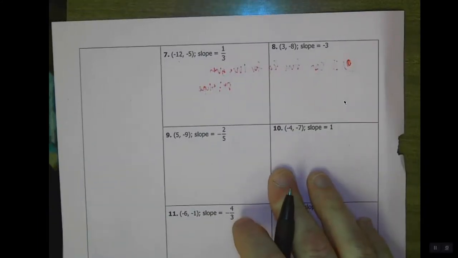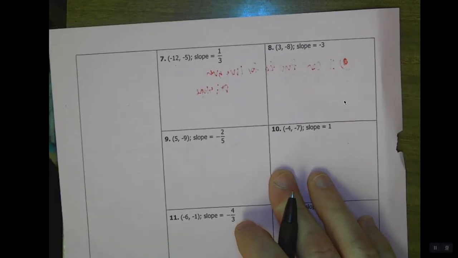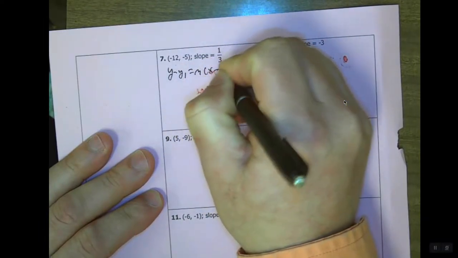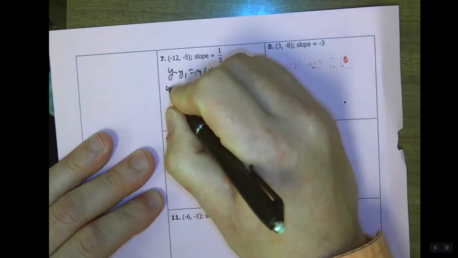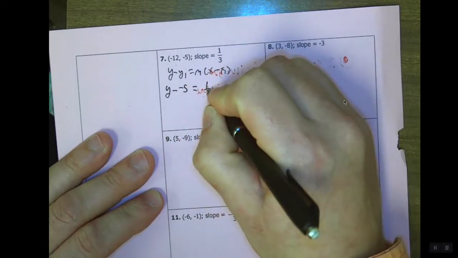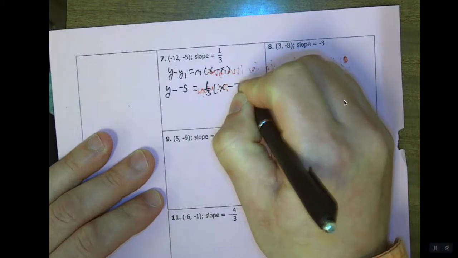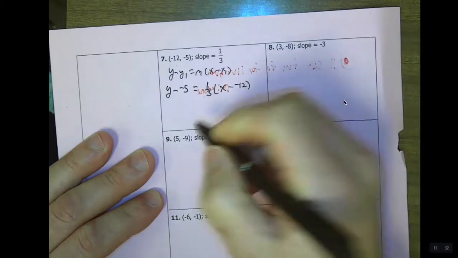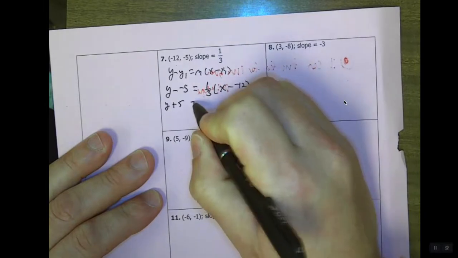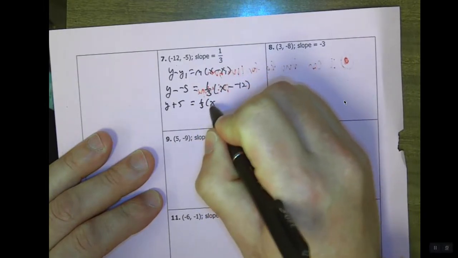Looking at number 7. Number 7 is pretty simple, same kind of thing. We're going to write the point slope form down. So now I get y minus negative 5 equals 1/3 times x minus negative 12. Polish this up a little bit: y plus 5 equals 1/3 times x plus 12.